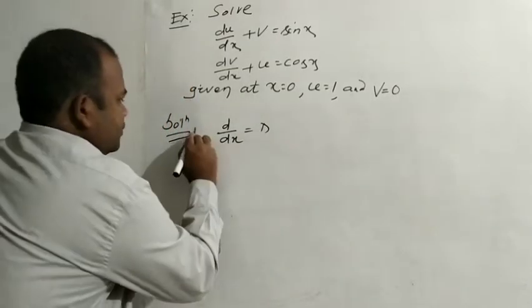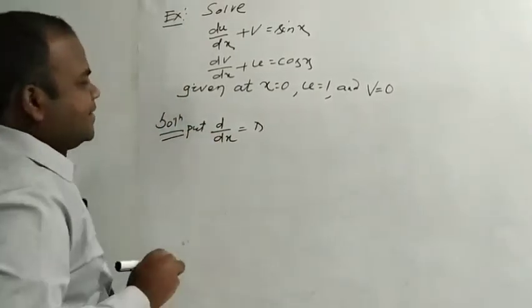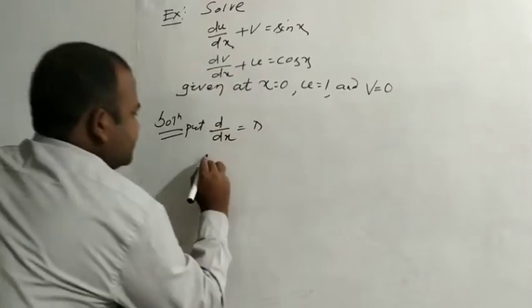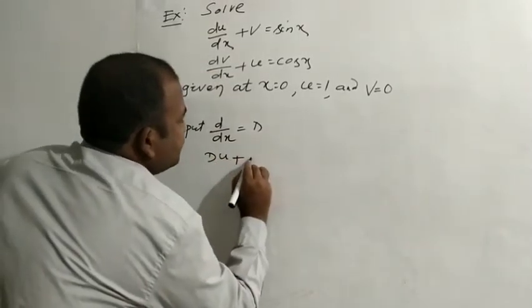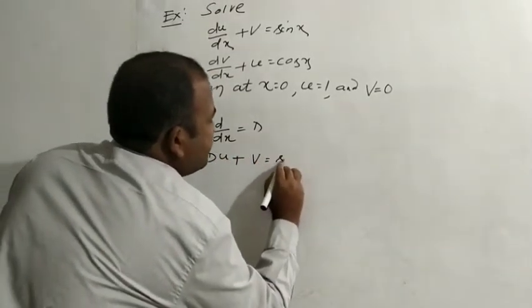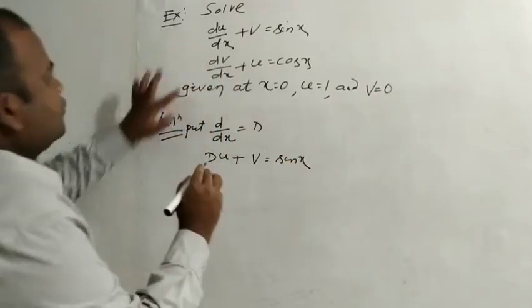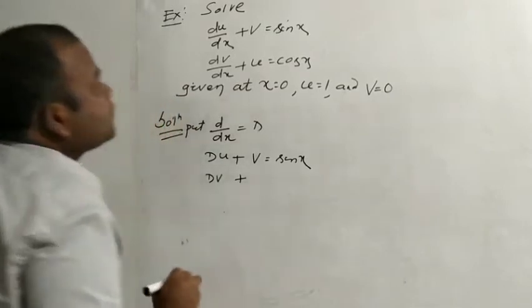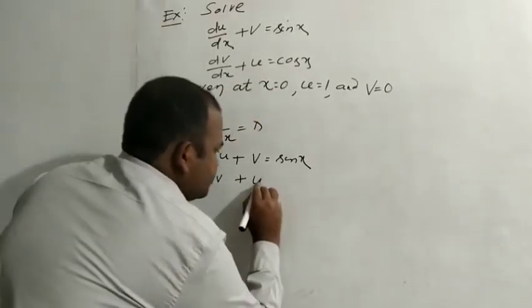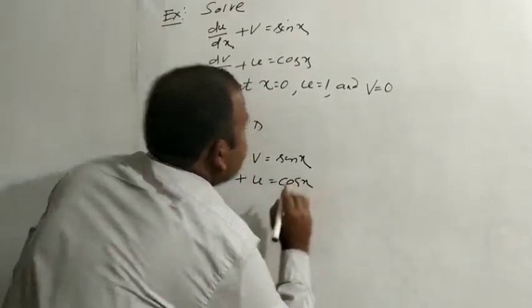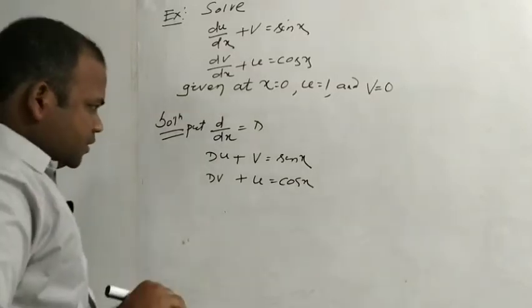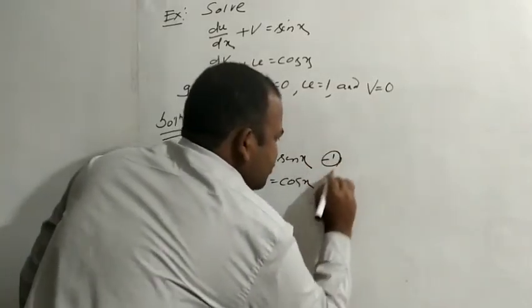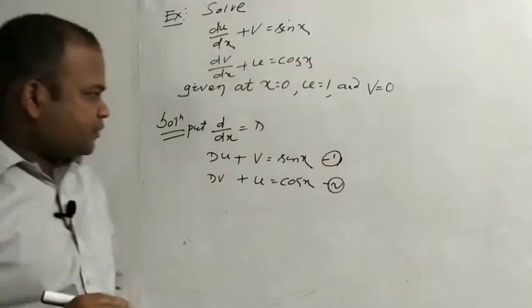Put d by dx equal to capital D. So this is Du plus v equals sin x, Dv plus u equals cos x. This is equation number 1 and this is equation number 2.